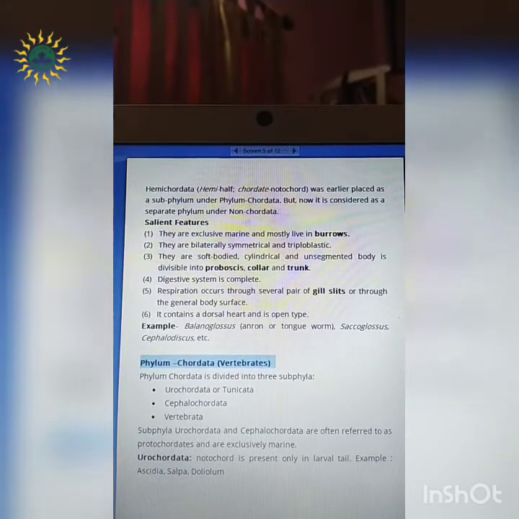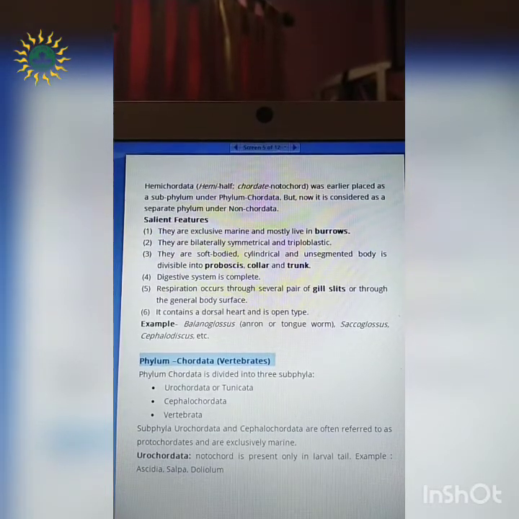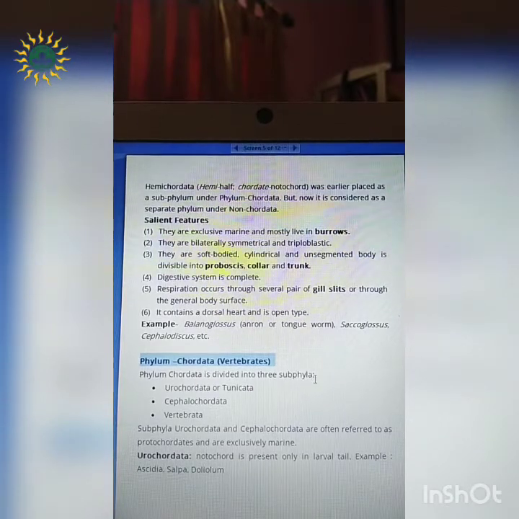This phylum Chordata, the vertebrata, has notochord-like structures, right? These are divided into 3 different subphyla. What are those? Urochordata or Tunicata, Cephalochordata and Vertebrata.